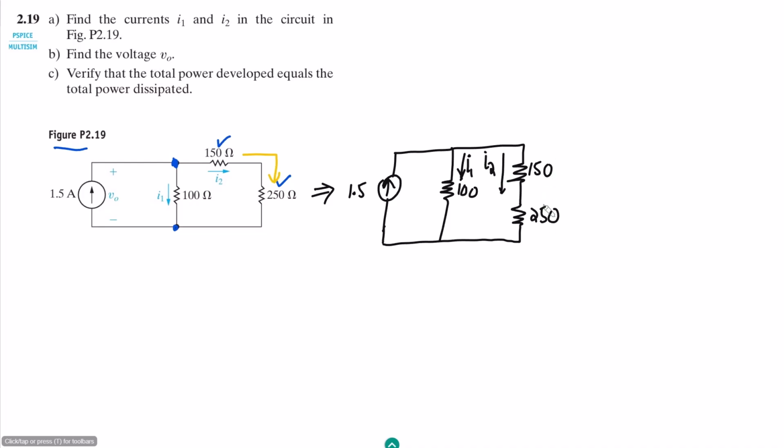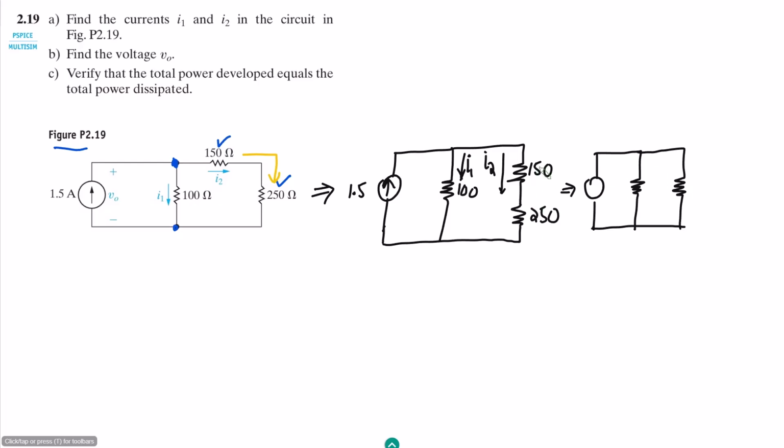Okay, as these two resistors are in series with each other, we can draw them like this: this is the source, this is the first resistor, and representing these two as a single resistor, we can add them together because in series the resistances have to be added together.